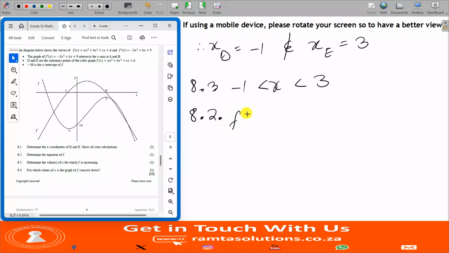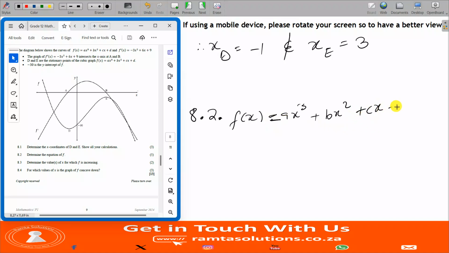we have f of x equals ax cubed plus bx squared plus cx plus d. Now, what is the first derivative?